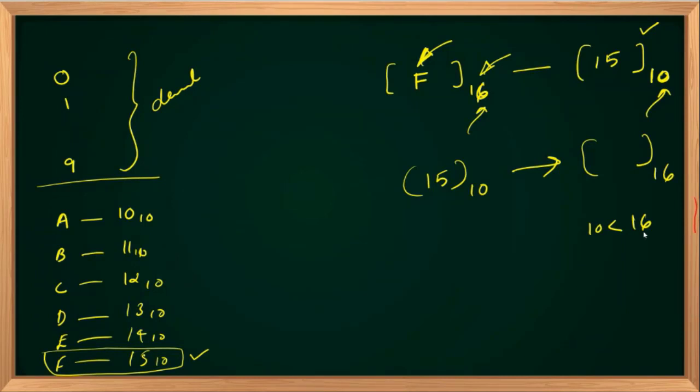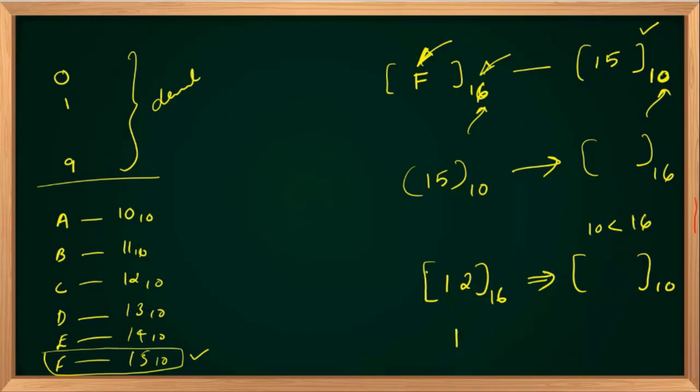Or if you are going to find the decimal equivalent of a number, let us say 12 in hexadecimal, you multiply with the base 16.